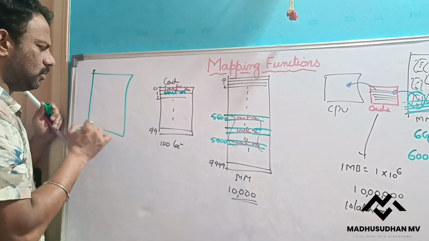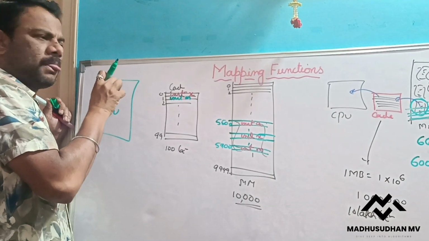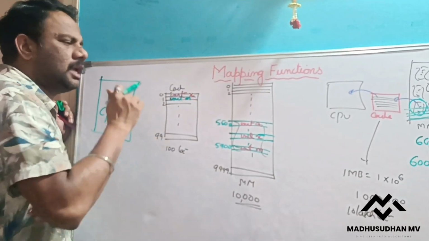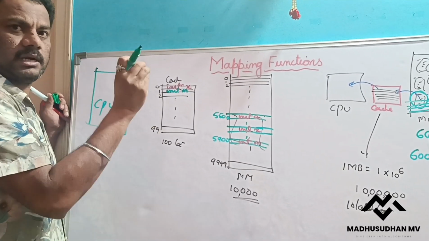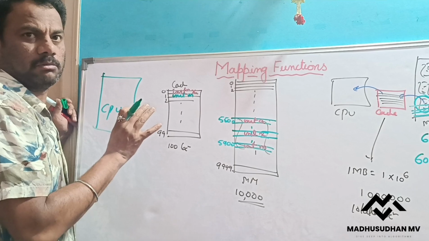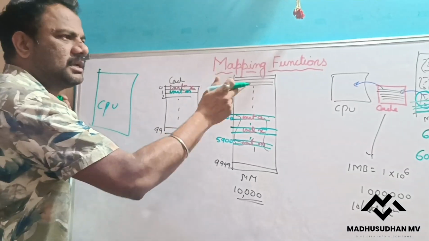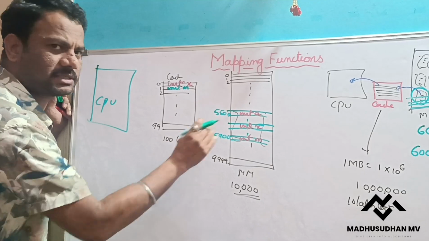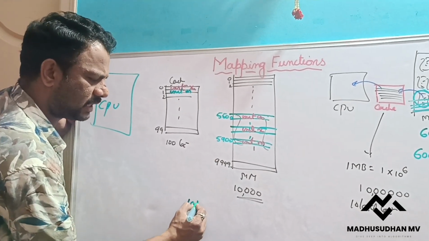Because my CPU, whenever it wants to read from the main memory or write into the main memory, it will generate an address. We discussed this in many of the topics. It will generate the address and it will be stored in MAR, the memory address register. So that will be some number of addresses, for example, assume 10K.